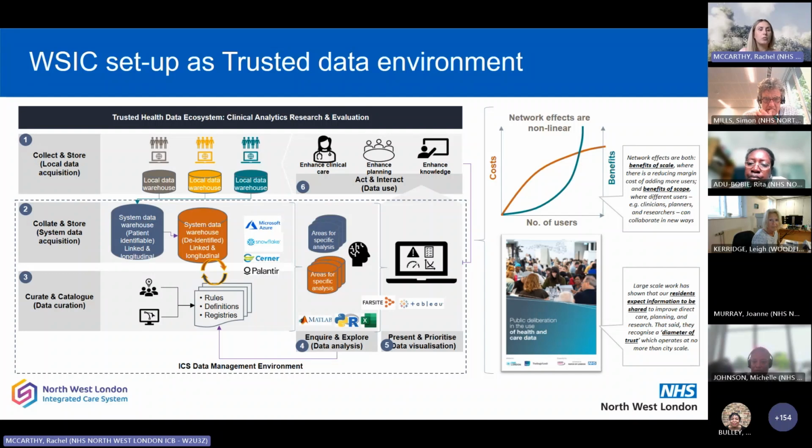So it becomes available data in WSIC to be used. Once that data is available, we have the curate and catalogue section. And this means that we're thinking about linking it all, doing the transformation, cataloguing it so we can understand what we have and how to use it.